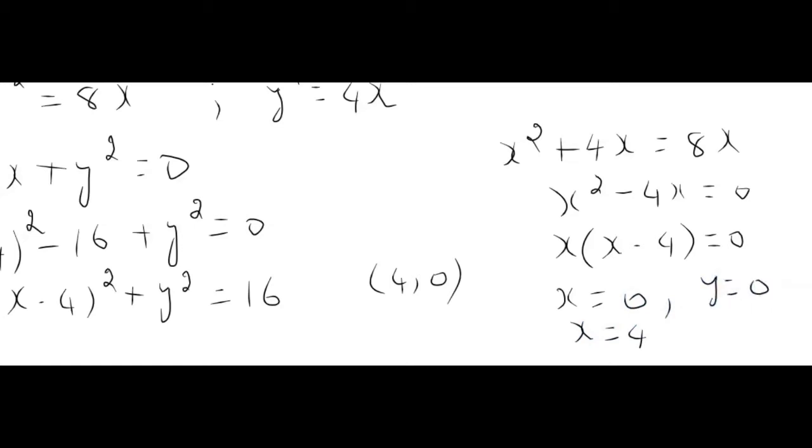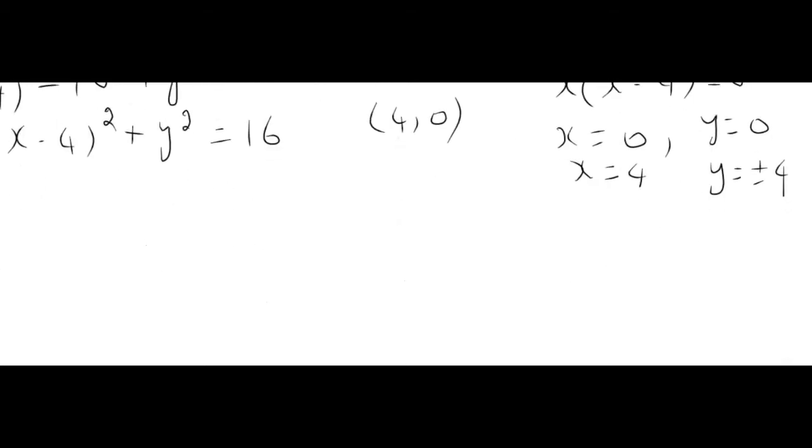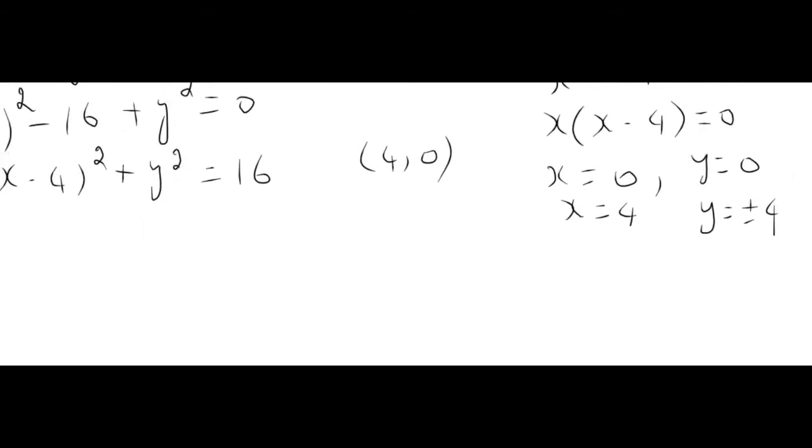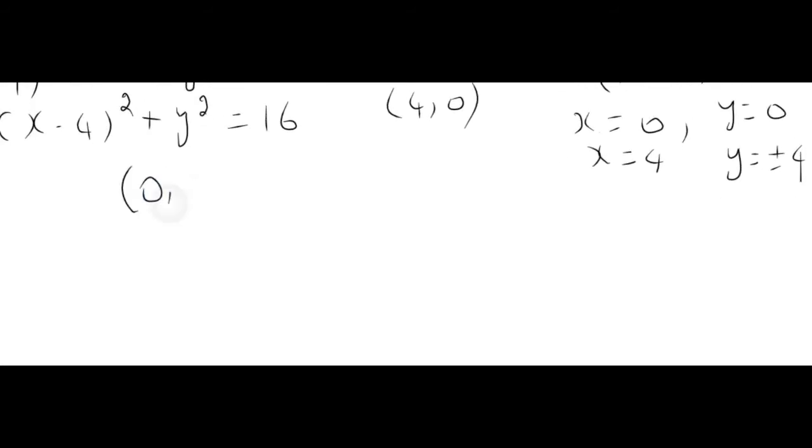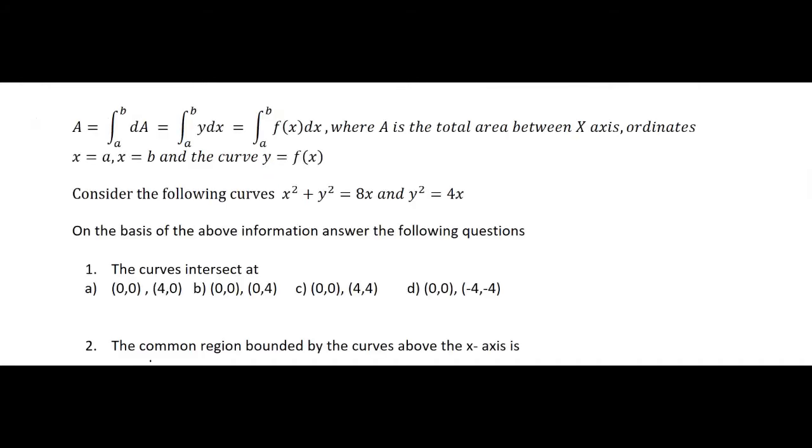When x is equal to 4, y squared becomes 4 times 4, which is 16, so y is equal to root of 16, or y becomes plus or minus 4. So the points of intersection are (0, 0) and (4, 4), taking the positive points. From this, it is clear that option C is correct.